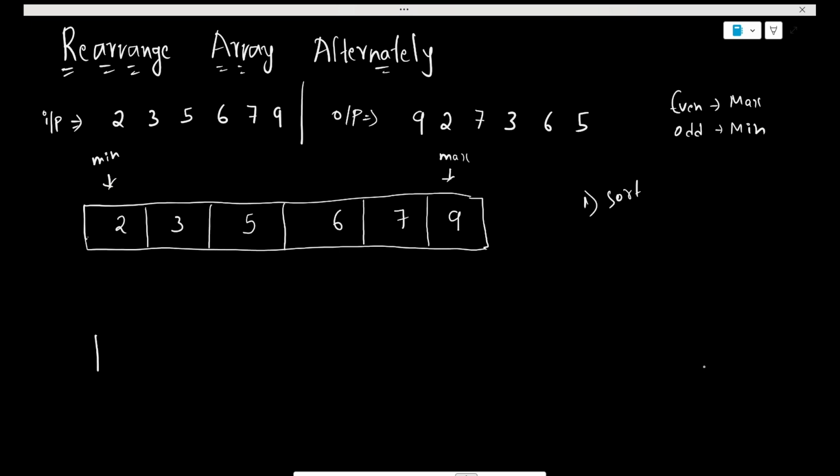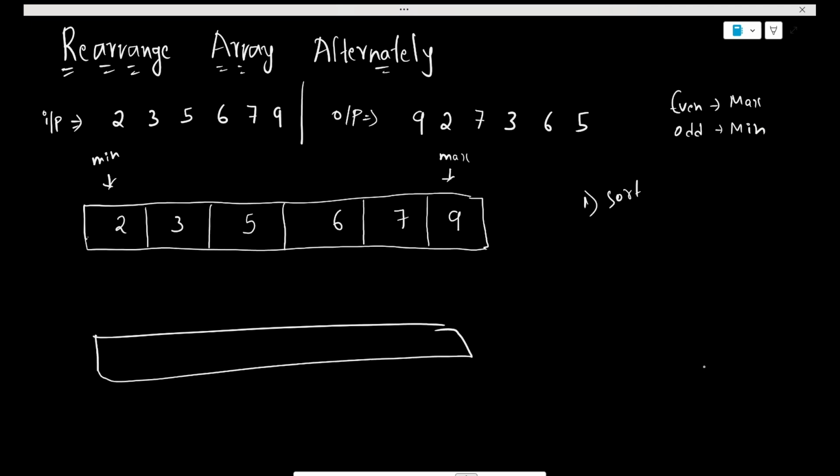So we will be creating a new array of the same size, with indices 0, 1, 2, 3, 4, 5. At the even index, we need the maximum element, and at the odd index, we need the minimum element.